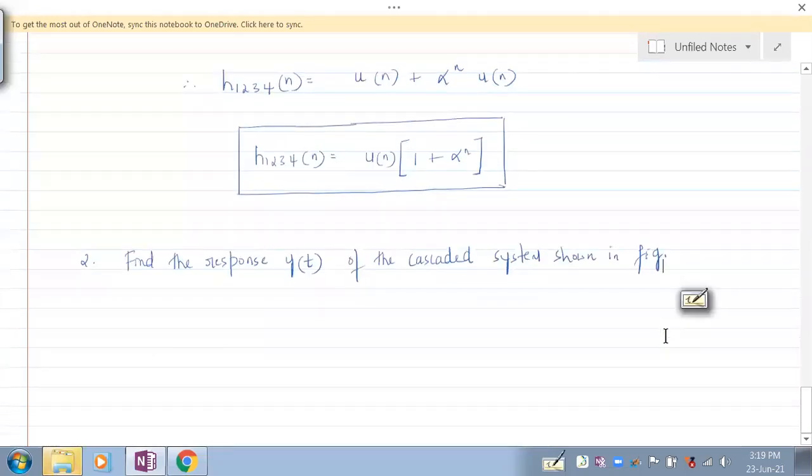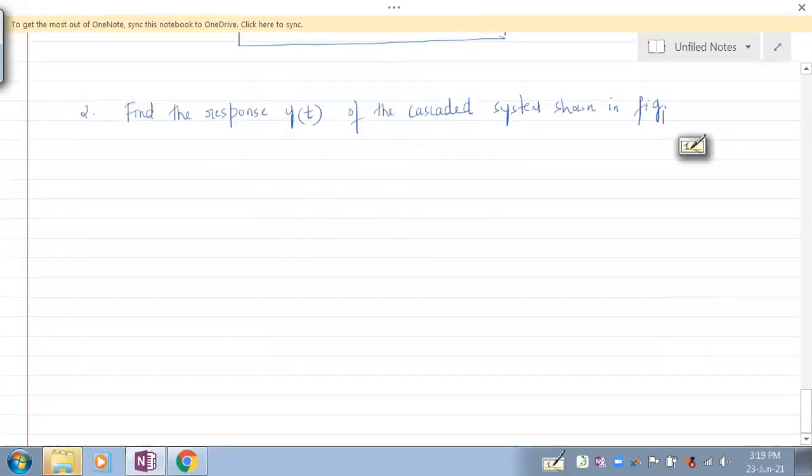So what is shown here is this. Everybody just copy it down. You have h1 of t. This is continuous time, mind you. So h1 of t you have here.